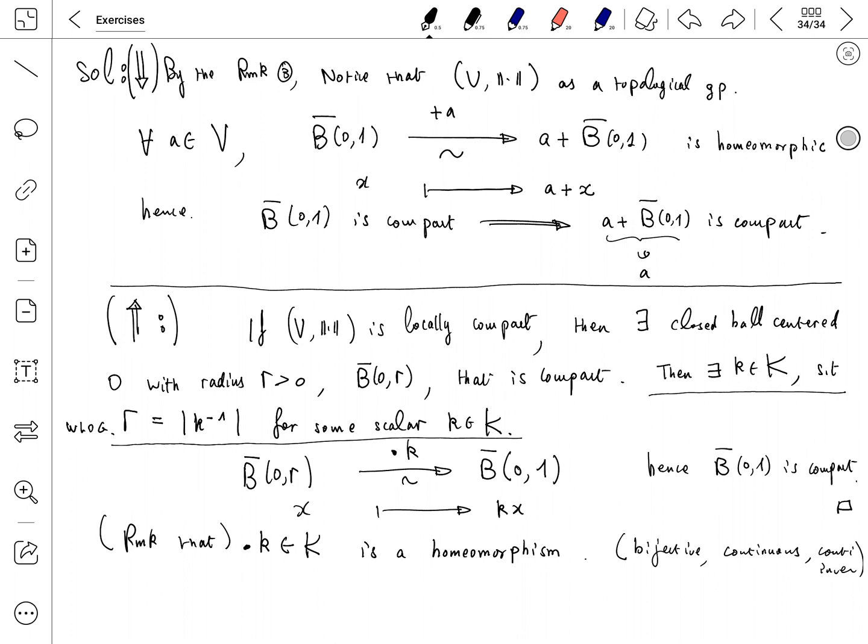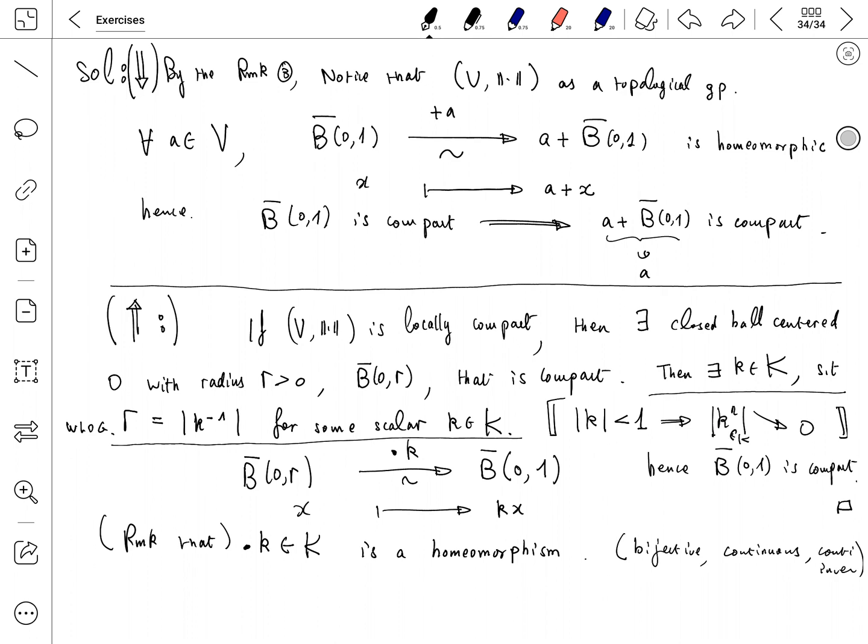Because if you have an element K with its absolute value smaller than 1, then just doing iteration on it, it tends to 0, and you could take an element from K with its radius as small as you want.